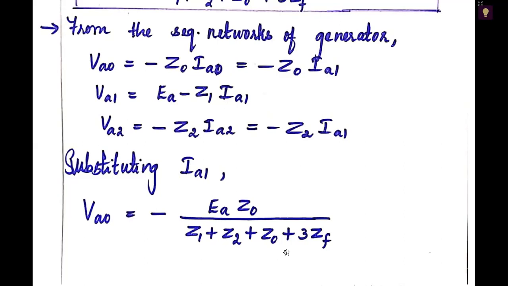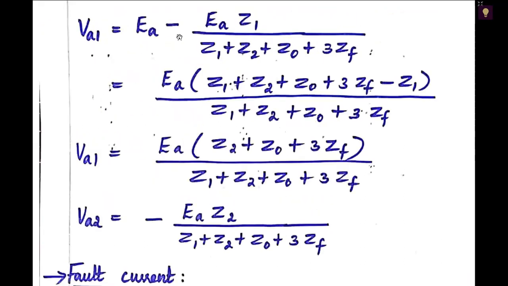In the same way, VA1 is equal to EA minus IA1 Z1. Substitute for IA1, take LCM, and simplify to get the expression for VA1. Similarly, VA2 is minus IA2 into Z2. IA2 is nothing but IA1, so substituting for IA1, you will get the expression for VA2.